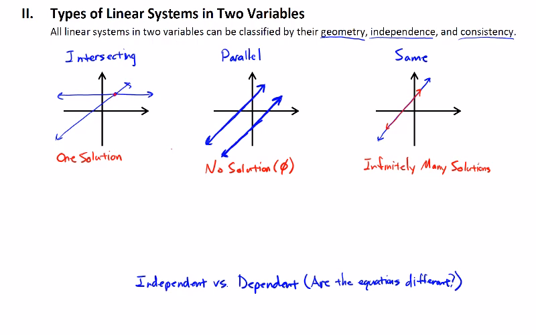So for example, if I was to look at the intersecting lines case, the intersecting lines has to have two different lines in order for them to only cross at one point. If I have two different lines, that means that each one of them would have a different equation. So intersecting lines is an example of an independent system.